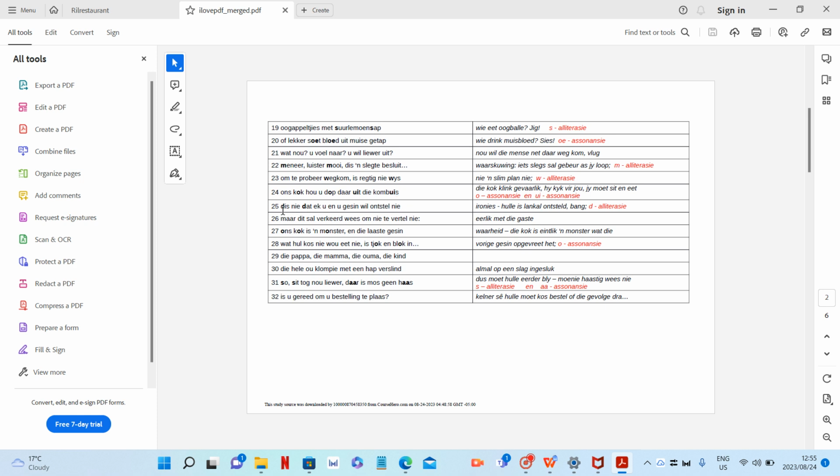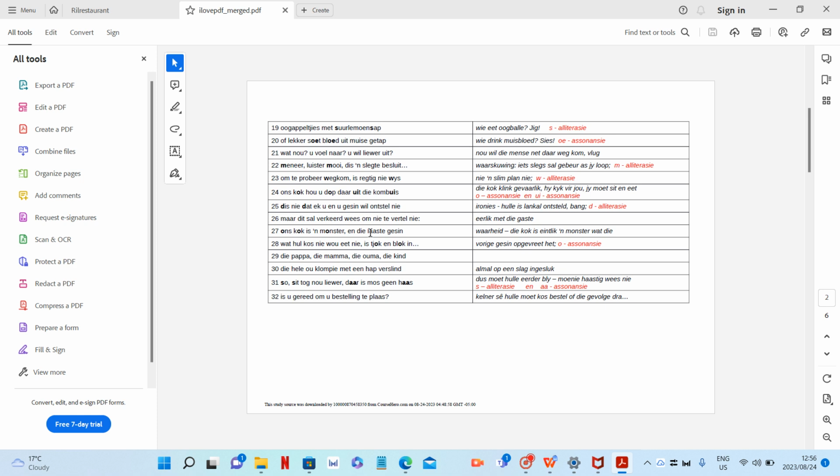So this line is irony because he says, not like I would want to upset your family, but you're already upset by sitting here in this restaurant. Yes, klaar ongesteld. So the D is your alliterasie.